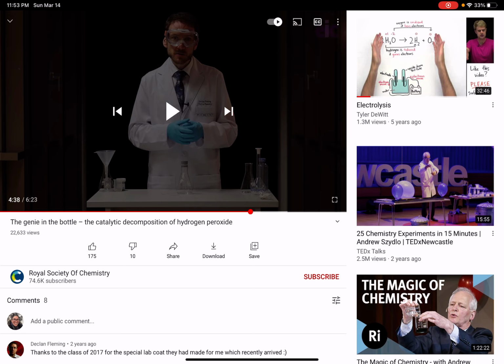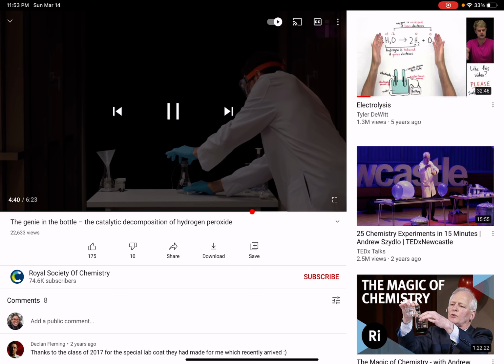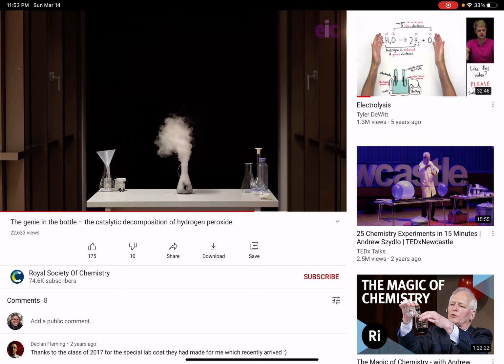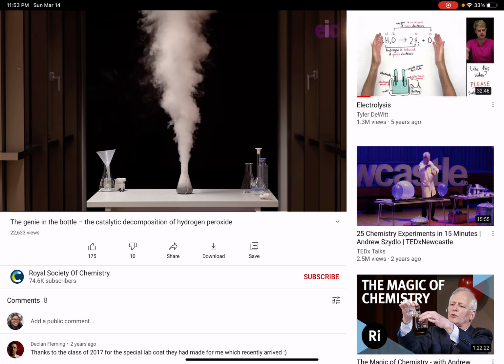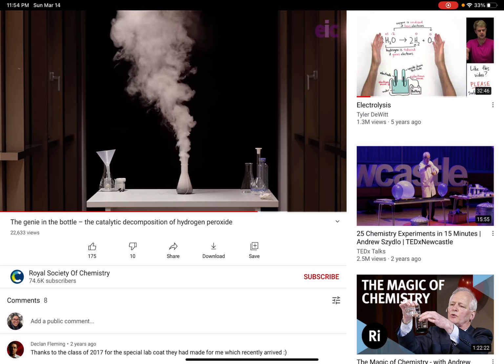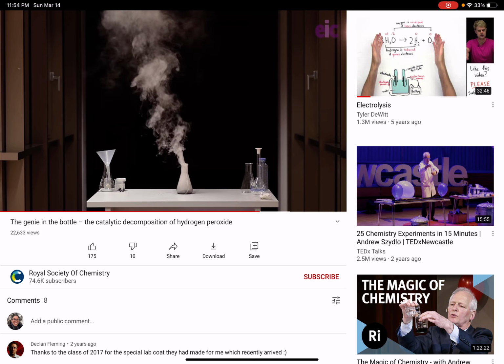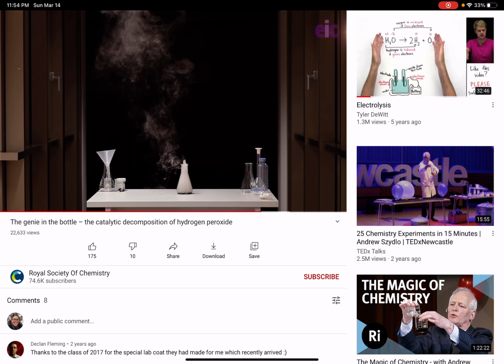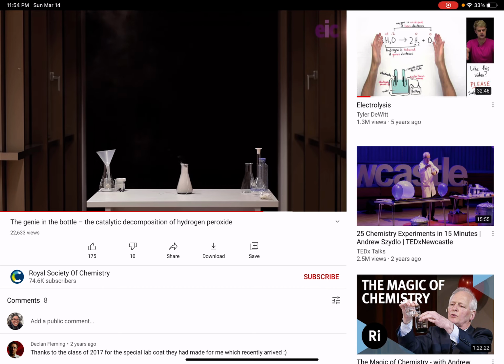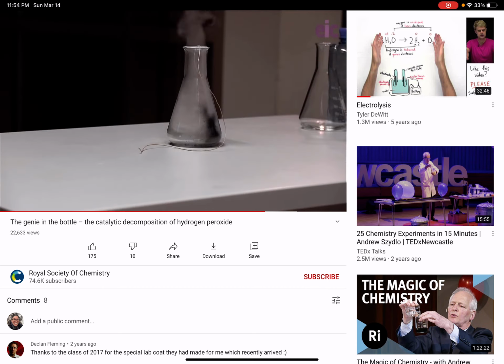In this reaction, hydrogen peroxide decomposes into a gas, and you can see the smoke plume come out. Initially it produces bubbles very quickly, and then it tapers off and putters out. We're going to see it again from a different angle.